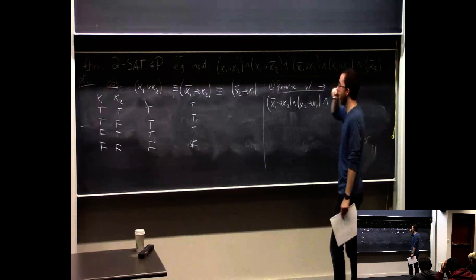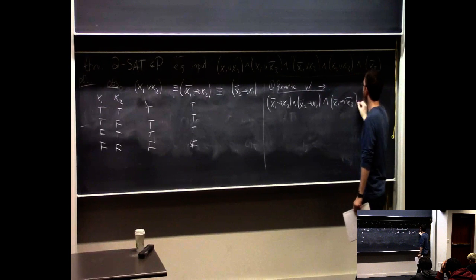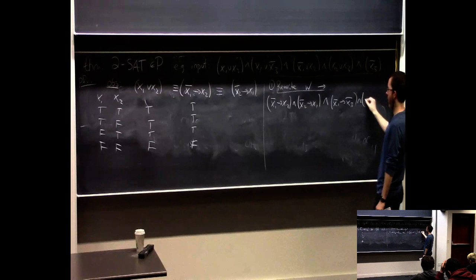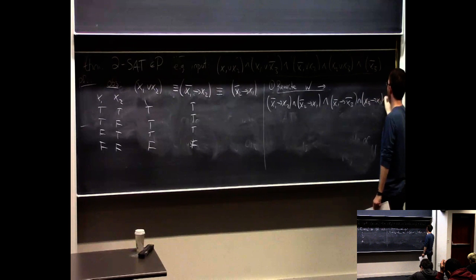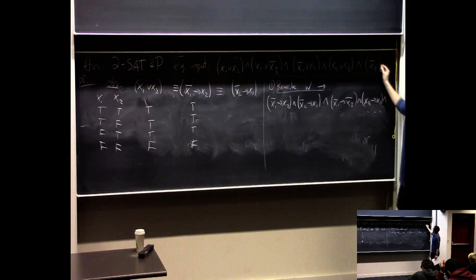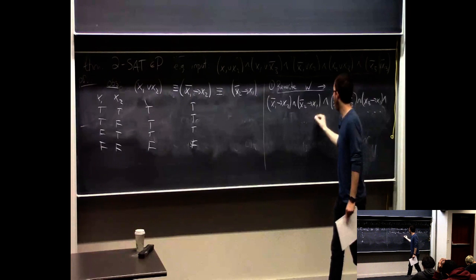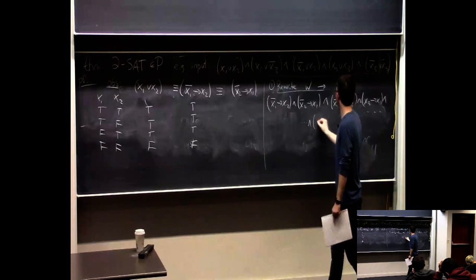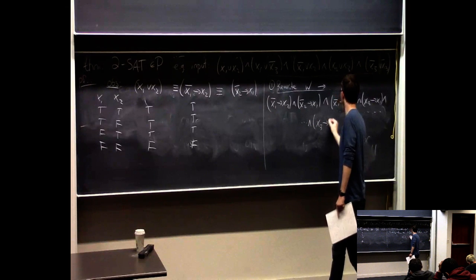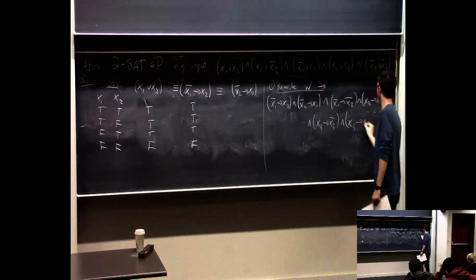And do it with this one now: not x1 implies not x3, and the other way, x3 implies x1, and so on. I'm going to do it even with these clauses. Let me first say that I'll treat this as x3 bar or x3 bar. And so I'm going to get the same thing here at the end: x3 implies x3 bar, and x3 implies x3 bar.